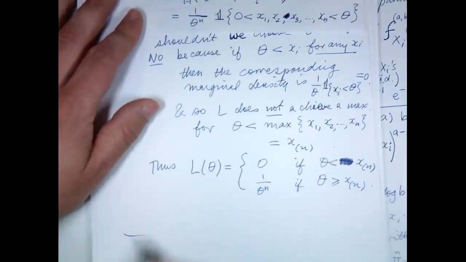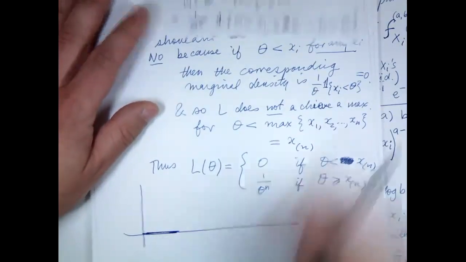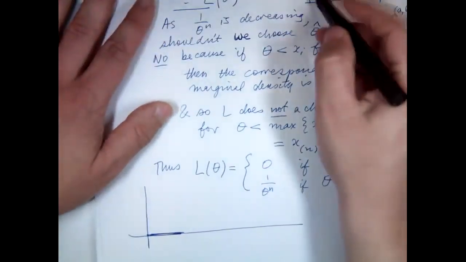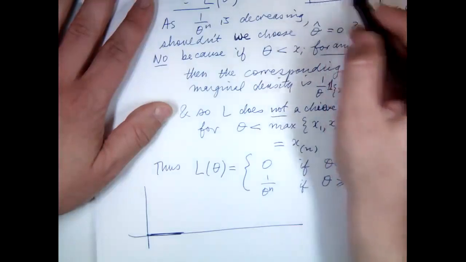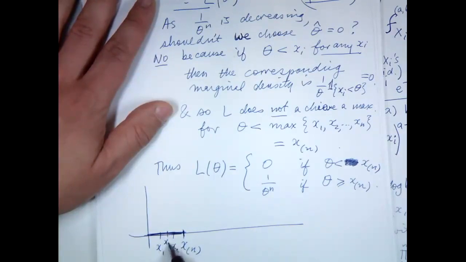So let's just draw that function. The likelihood function is actually 0. So contrary to my little sketch here, there's actually a cutoff. Okay, so that sketch was not taken into account. There's a cutoff, and here is x parentheses n, which is the highest one. You have x1, x3, x4, whatever. You have all these numbers, and then xn is the highest one.